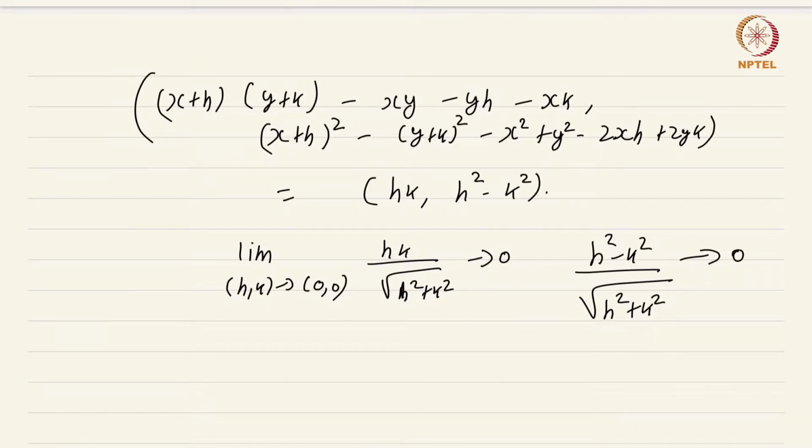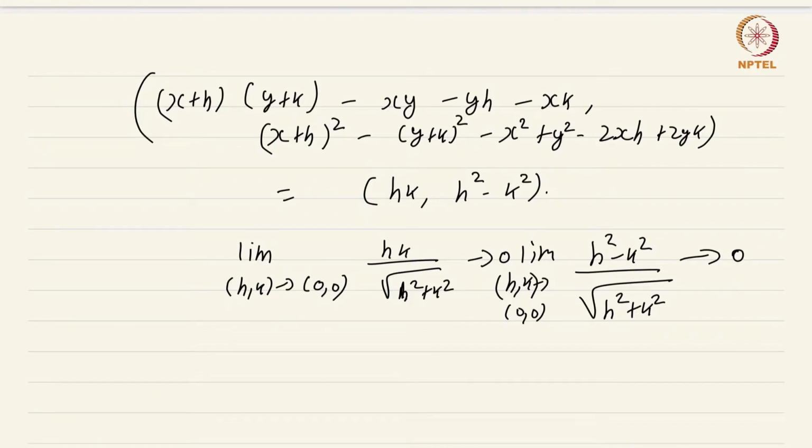This must also go to 0 as (h, k) goes to (0, 0). This will show that the error term indeed behaves the way it's supposed to. We know that this is going to be true anyway, because the components of the function are continuously differentiable. The partial derivatives exist and are continuous. But anyway, let's verify it.